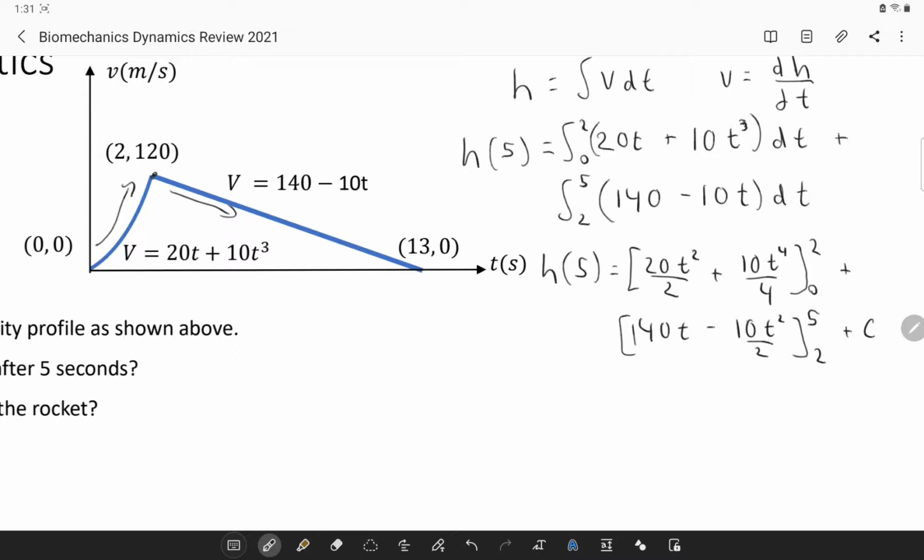So if we write each of these out, for the first portion we can plug in our 2. 2 squared is 4, so 4 times 20 divided by 2 gives us 40.